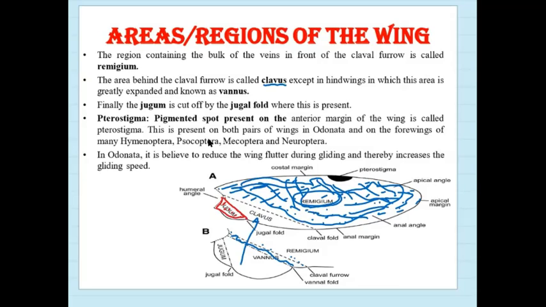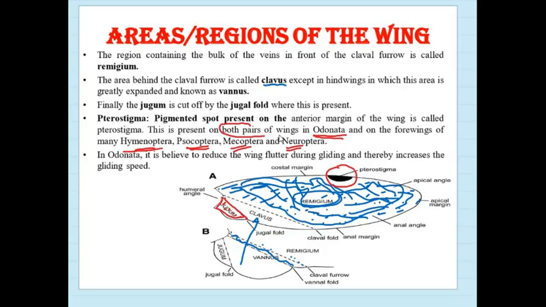Pterostigma is a pigmented spot present on the anterior margin of the wing. This is present on both pairs of wings in Odonata, a special character of Odonata, and on the forewings of Hymenoptera, Psocoptera, Mecoptera, and Neuroptera.